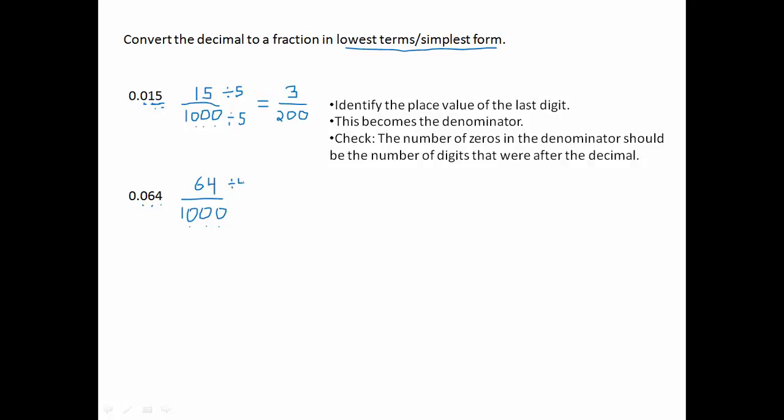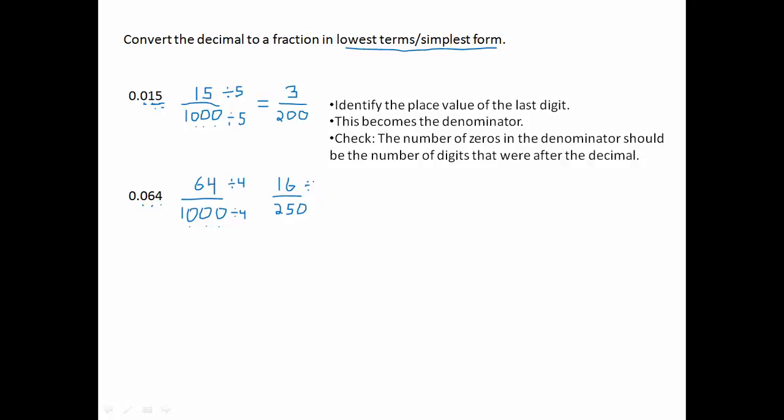So divide by 4 on top and bottom. And on top, 64 divided by 4 is going to be 16. And on the bottom, 1,000 divided by 4 is going to be 250. And I notice that the top and bottom are still even here, so I can divide them both by 2 again.